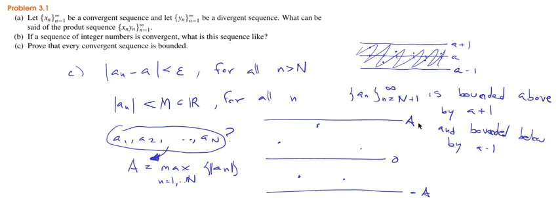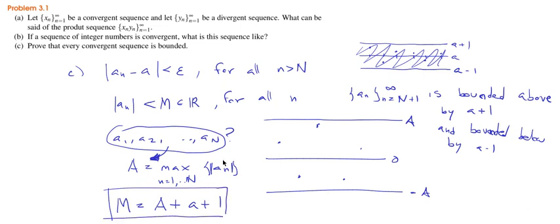So now we know that the sequence up to capital N is bounded by A, and after that it's bounded by a plus 1 and a minus 1. So you just need to find this bound. I'm assuming a is a positive number; otherwise you could do this.